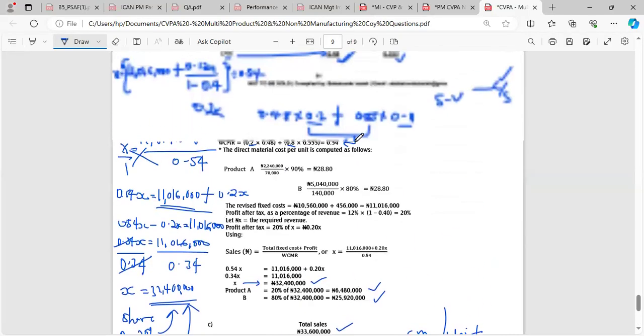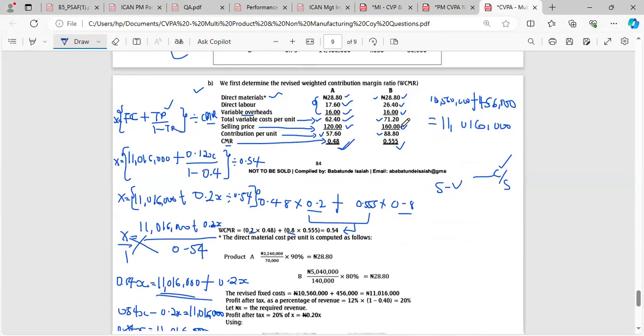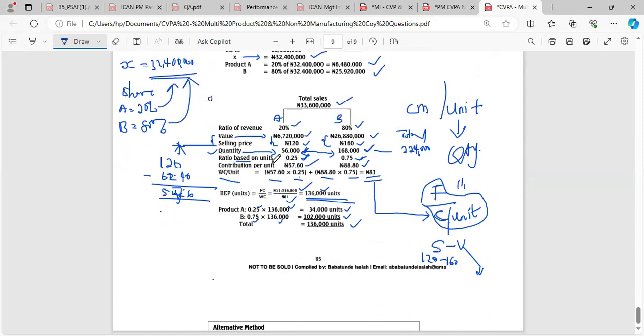Variable cost has already been solved for us, we've done it before, 62.4 and 71.2 based on the B part. So we just bring it here and subtract. 120 sales minus 62.4, and 160 minus 71.2. That gave us this figure, 57.6 and 88.8.